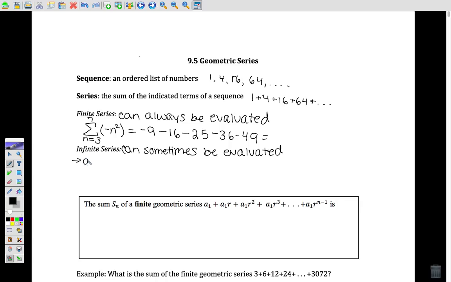So an arithmetic infinite series cannot be evaluated, because again, those numbers get really big, like 10 plus 20 plus 30 plus 40. Those are just going to get huge and go into infinity. With a geometric series, it can sometimes be evaluated.